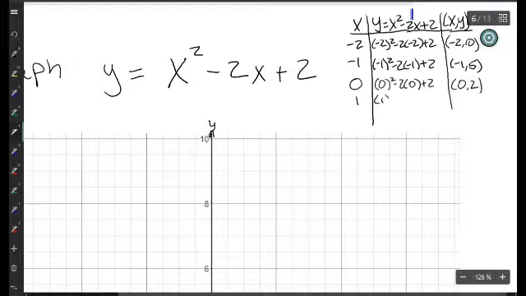At 1, we have 1 squared minus 2 times 1 plus 2. So 1 minus 2, negative 1. Negative 1 plus 2, 1. 1 comma 1. At 2, we have 2 squared minus 2 times 2 plus 2.